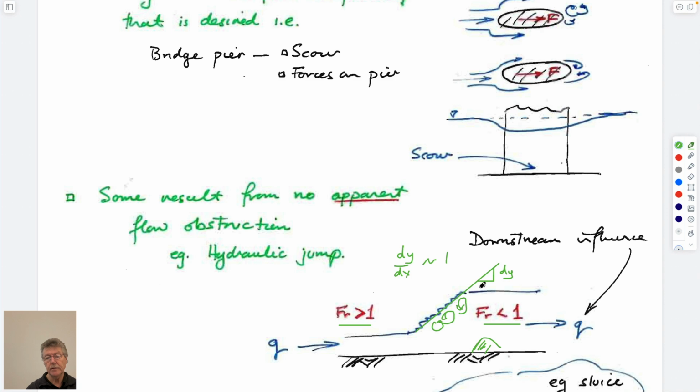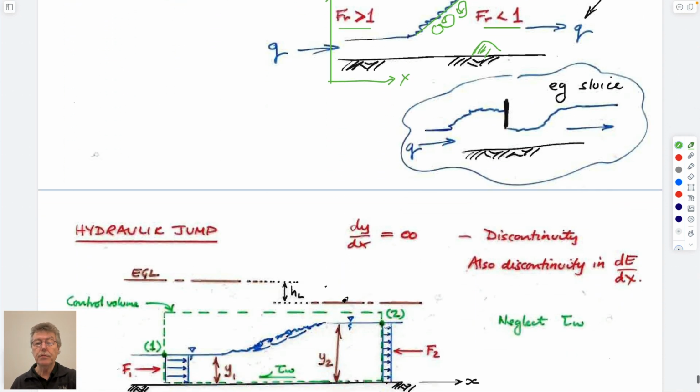This is dy, and this is dx. I guess it is positive 1 if it's downstream. If this is x, and this is y. And so how do we deal with that?